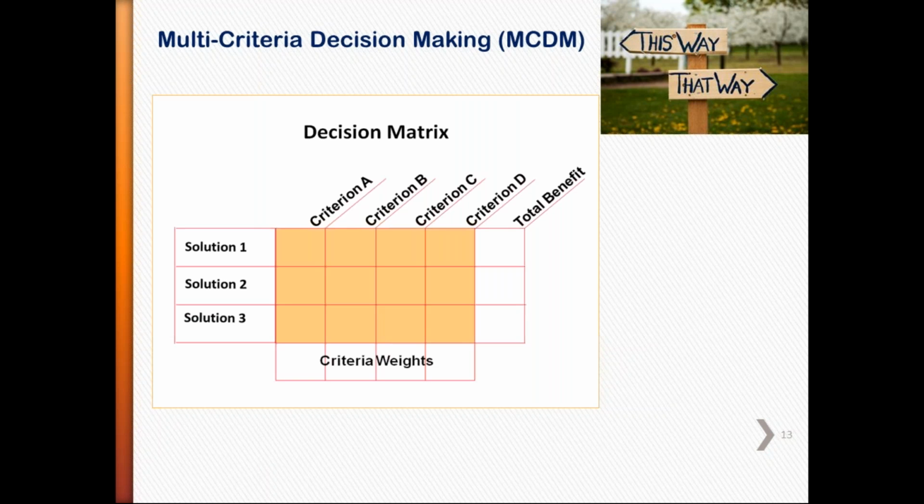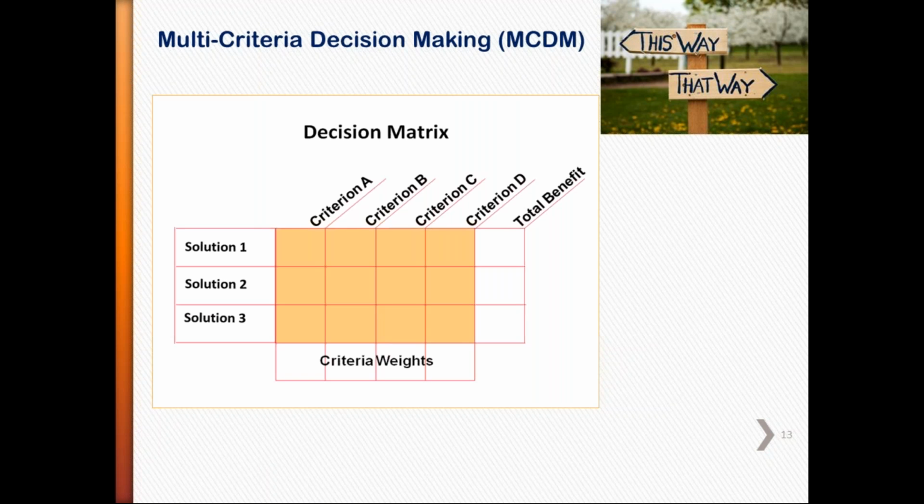This is nothing but the performance index or single index, which represents aggregation of values of criteria A, B, C, D, just to convert a multi-criteria decision making matrix into a single criterion decision making matrix.